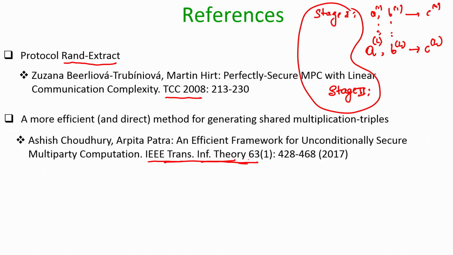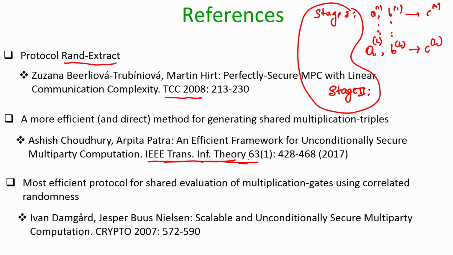So, the details are available in this work, and as I said earlier there is no single method for generating correlated randomness. There can be several ways of generating different forms of correlated randomness. So, this paper in 2007 introduced a very nice form of correlated randomness, which is called random t comma 2t sharing.